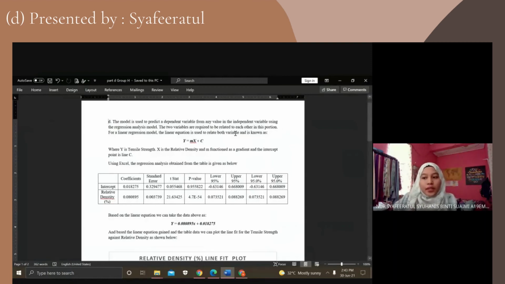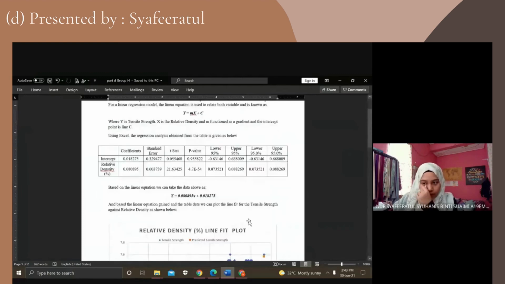By using Excel, we obtain the regression analysis in this table, where for intercept and relative density, we can get the values from the coefficients. Based on the linear equation, the linear regression equation is obtained as y equal to 0.80895x plus 0.018275, which is from the graph.